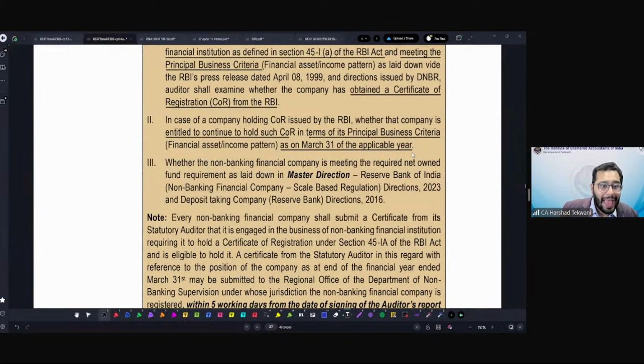Check the 50-50 criteria in order to report under that, yes or no? So whether the company is still maintaining the 50-50 criteria, you need to report. Principal business. Remember the 50-50 criteria that we discussed at the start of today's session?